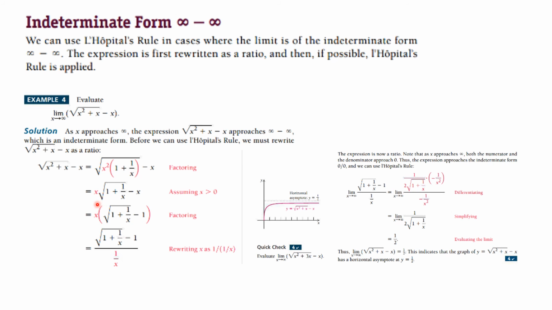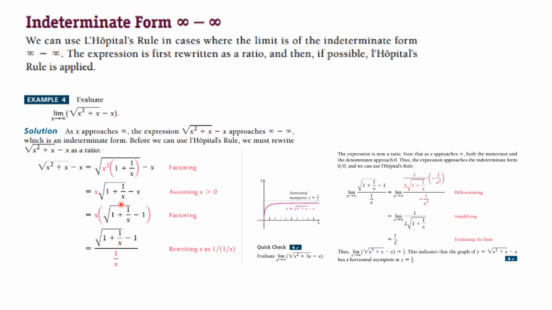But now we can look at this a little bit more. You see, this is x times this square root minus x, so I can factor x out of both of them. So this is going to be x times the square root of 1 plus 1 over x. That was this term right here. And this is x times 1, so that is minus 1.